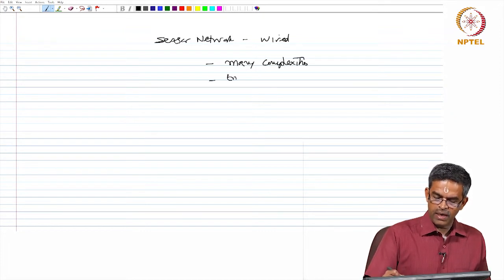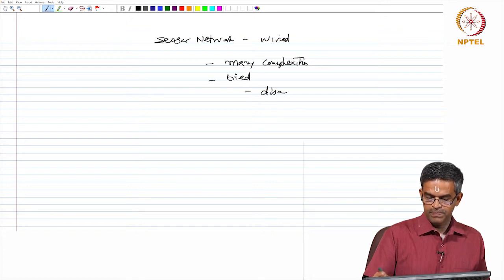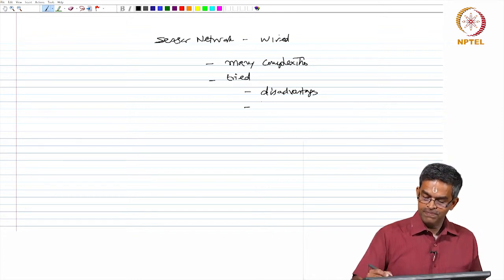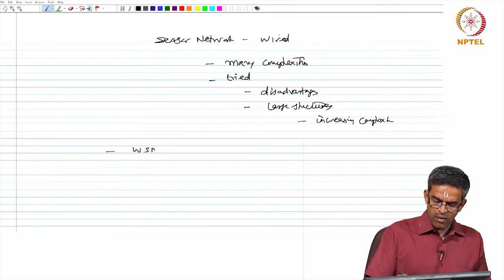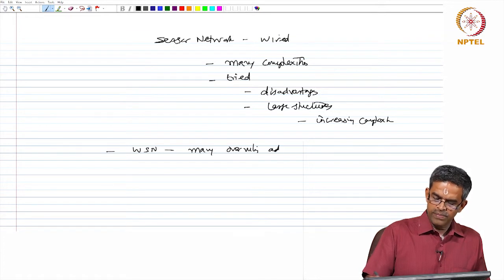Though they have been tried on large structures like bridges, researchers clearly highlighted disadvantages and increasing complexities. Wireless sensor networking on the other hand had many overruling advantages.